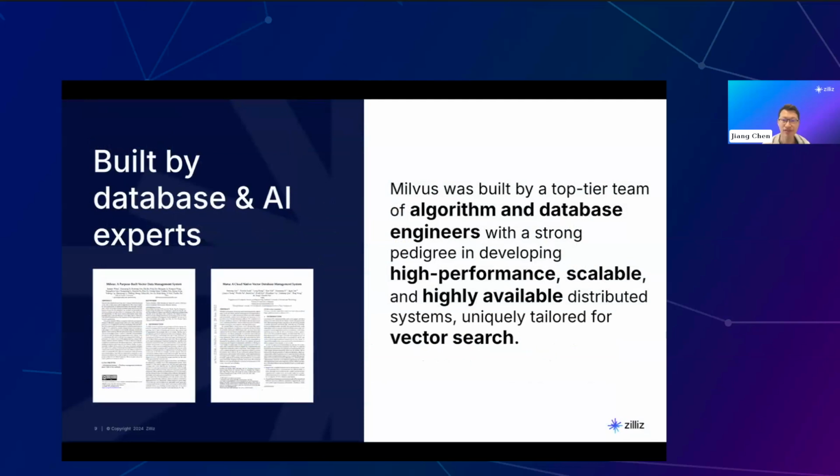Milvus is a high-performance and scalable vector search engine, and we have published a few papers at top-tier database conferences like VLDB, sharing the technology we have developed behind Milvus and the takeaways on how to construct a high-performance and scalable vector search system.